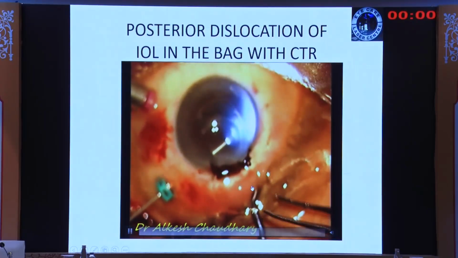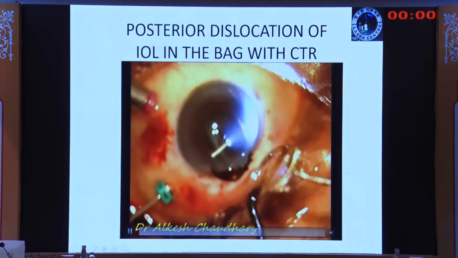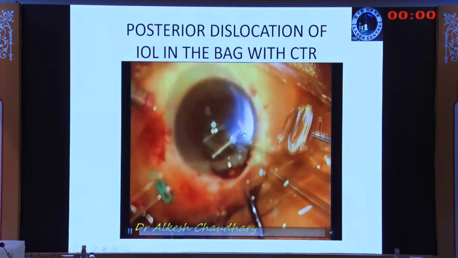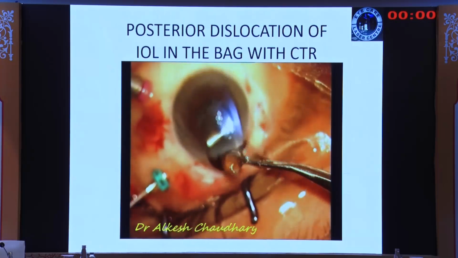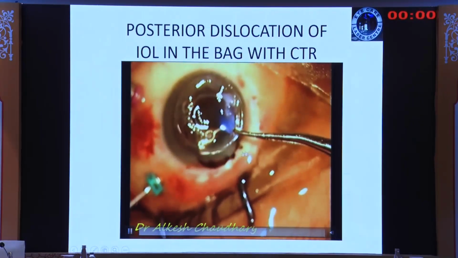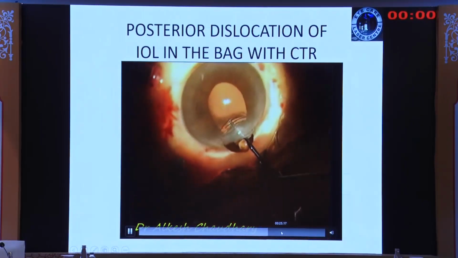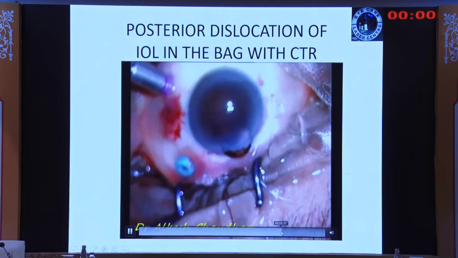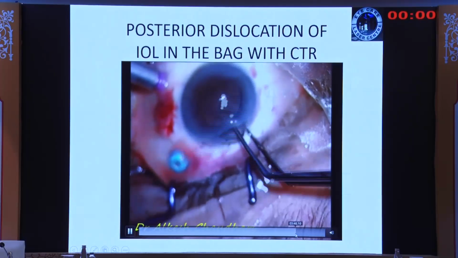See, the lens is out, but the CTR ring is still there. If I had cut the bag, the whole thing would have come out. Now the bag is with the CTR ring, so the whole complex has come out, and now I am fixing the IOL in the sulcus.